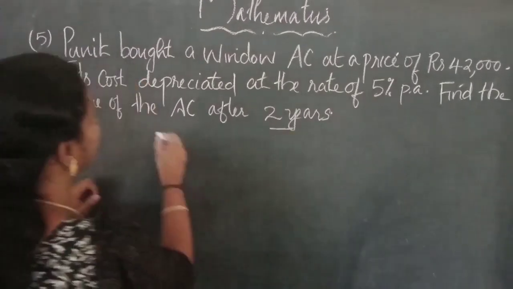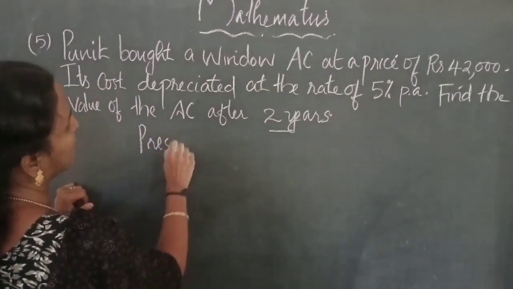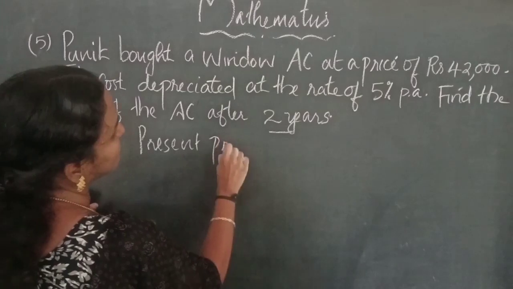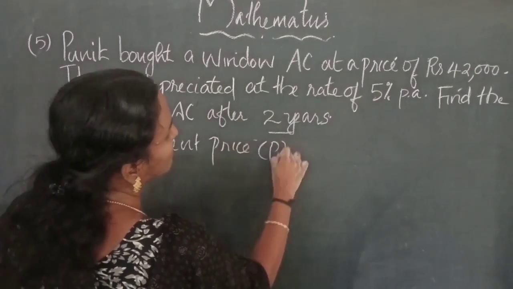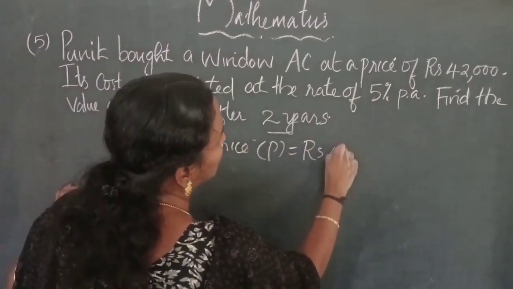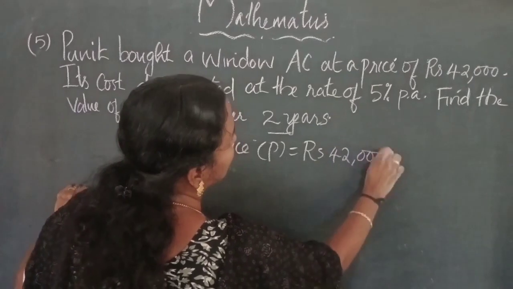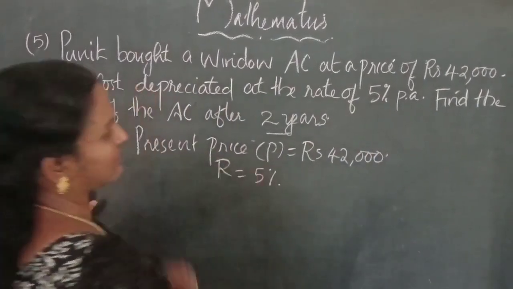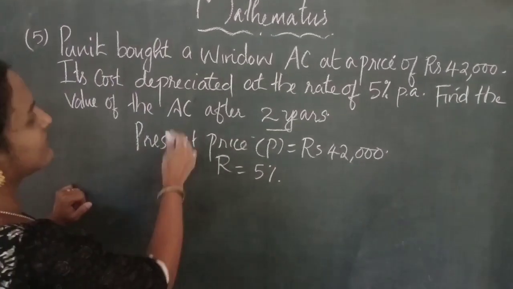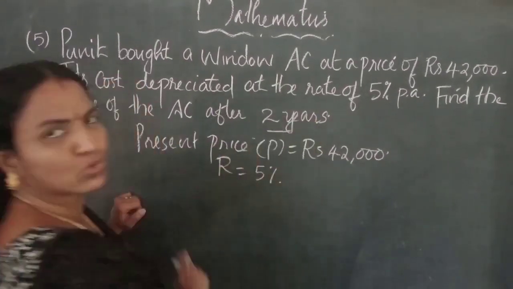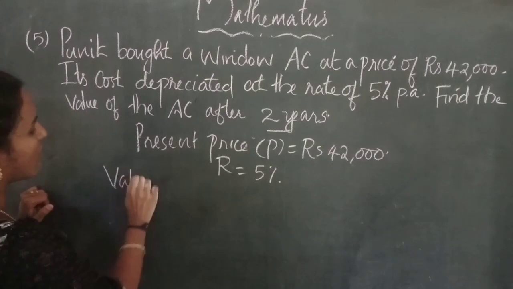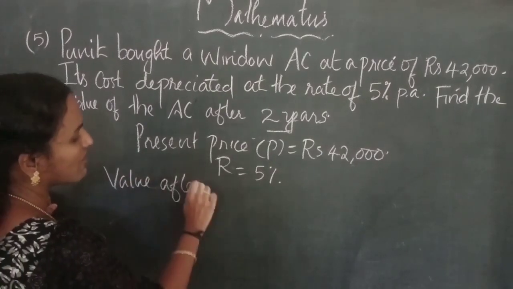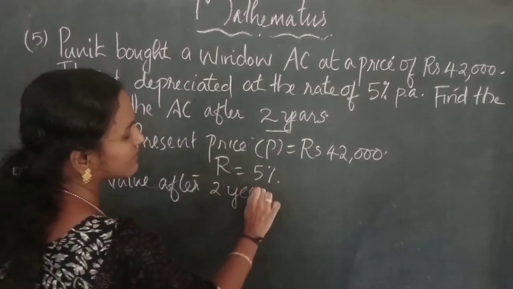Okay. So what is given? Present price P is equal to rupees 42,000. Then rate R is equal to 5%. So we have to find the value after 2 years.